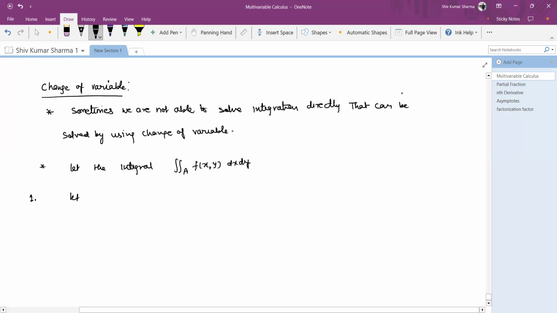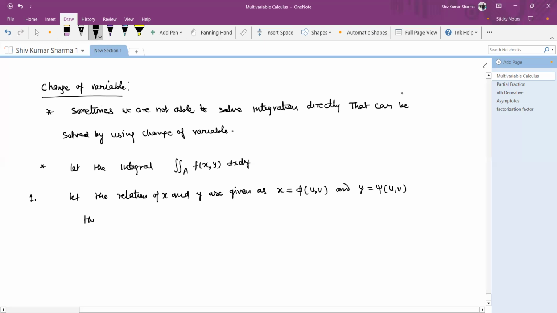Let the relation of x and y be given as x is equal to a function of u, v, and y is equal to a function of u, v.